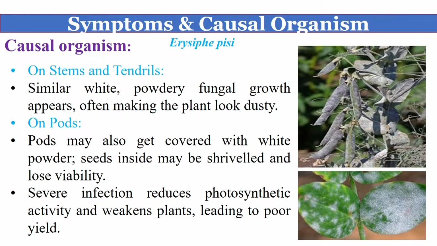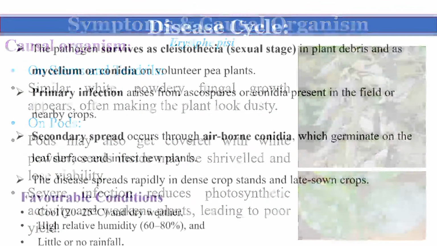The stem also gets affected, and pods may get covered with white powder. Seeds inside may be shriveled with loss of viability, and severe infection reduces photosynthetic activity, weakens the plant, and leads to poor yield for the farmers.